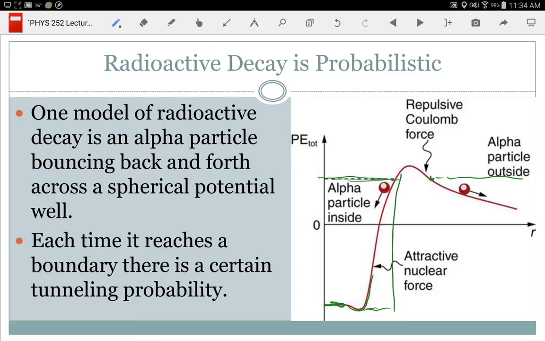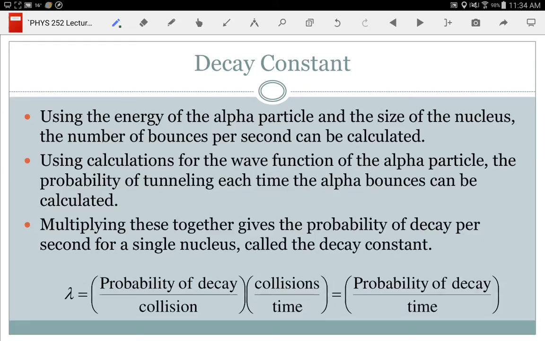And so putting those two things together, we can calculate a decay probability. We take the probability of decay for each collision, and we multiply that by the number of collisions per unit time, and that tells us the probability of decay per time. And so that's what this lambda, we call it the decay constant, is. It's the probability of decay per unit time.